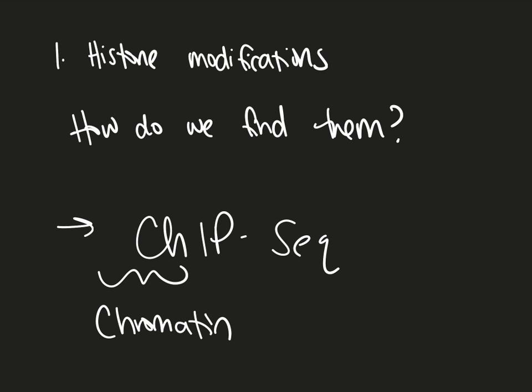Chromatin, again, is DNA packaged up with proteins. The IP stands for immunoprecipitation. This is precipitating, or pulling down, a DNA sequence with an antibody. That's the immuno part. And then seq, of course, is sequencing.